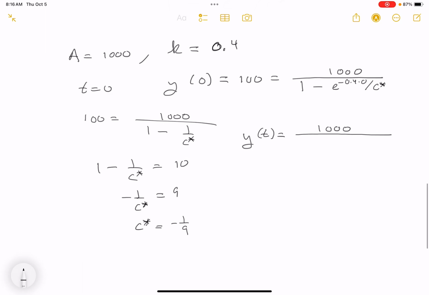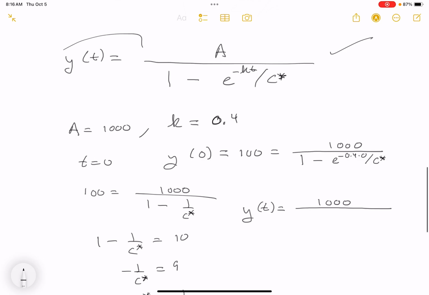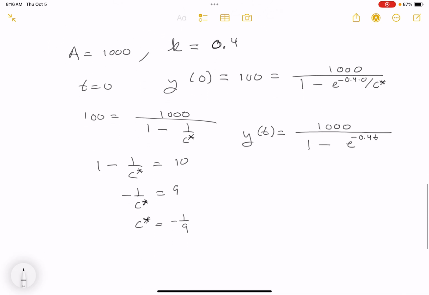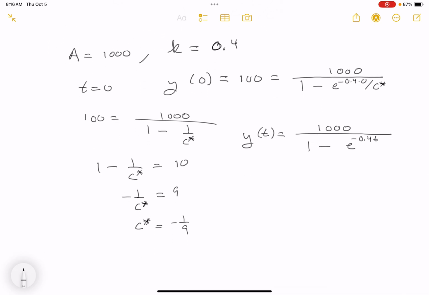And then again, what are we writing down? We're writing down this over here. That's all we're doing. What's going to be 1 minus e to the minus 0.4 T, and we're dividing by minus 1/9. And so the C star is minus 1/9. So it's going to be plus 9 now. All right? So I got my function.